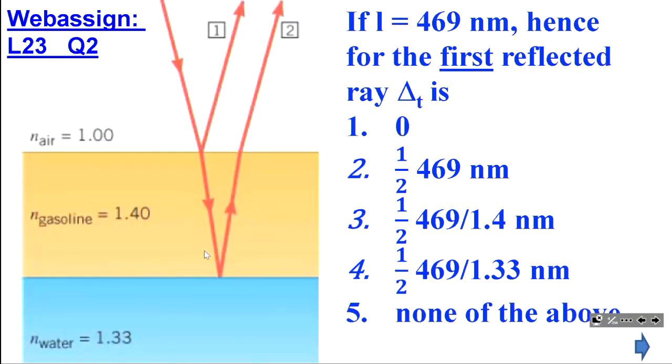When light travels from a medium with a higher index of refraction into a medium with a lower index of refraction, the mnemonic rule says it's like a heavy to thin rope situation. And in that case, there's no phase change, no phase shift, no additional half of a wavelength should be added.